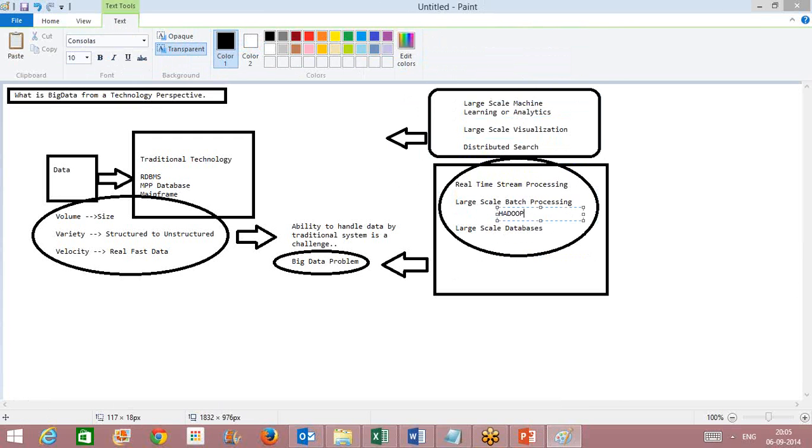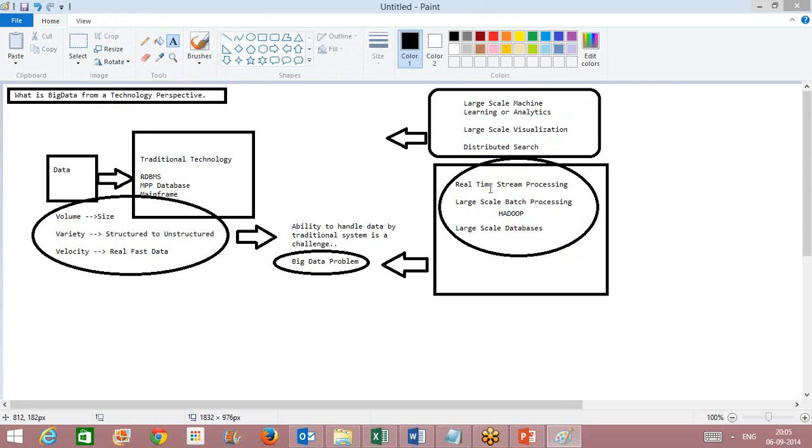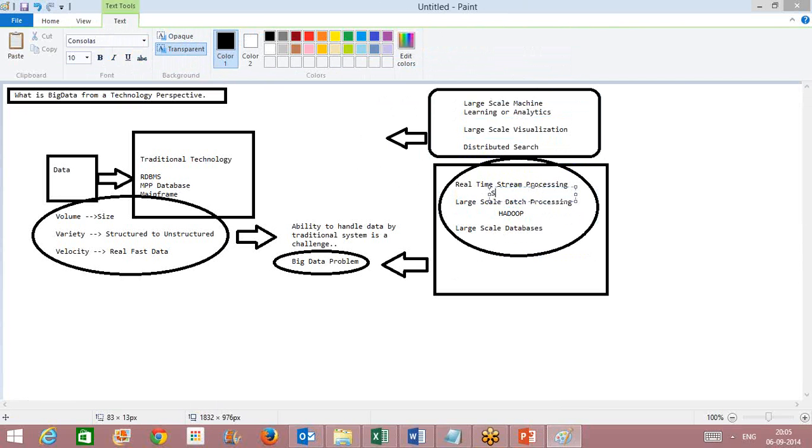So Hadoop is here. In real-time stream processing engines, you will see technologies like Storm, stream processing engines like InfoStreams and so on. Then large scale databases, you have NoSQL databases here and NewSQL databases, some of those are MongoDB, Cassandra, HBase.